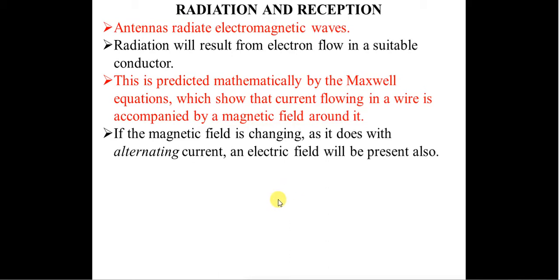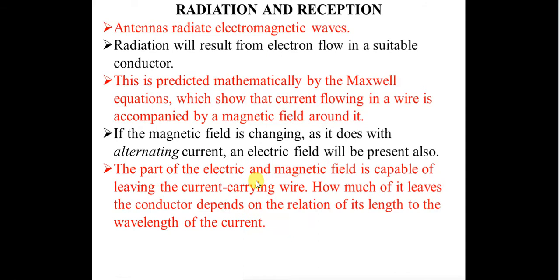So where is the magnetic field changing? The magnetic field is changing as the current is alternating in nature. Part of the electric and magnetic field is capable of leaving the current carrying wire. If the energy is sufficiently high to escape through the wire, then it can be radiated in free space.